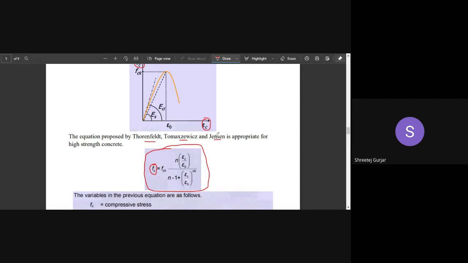It is given by FC is equal to FCK multiplied by n times epsilon C by epsilon naught, divided by n minus 1 plus epsilon C by epsilon naught raised to n into k. Here epsilon C denotes the strain in concrete, and epsilon naught is the strain corresponding to FCK.